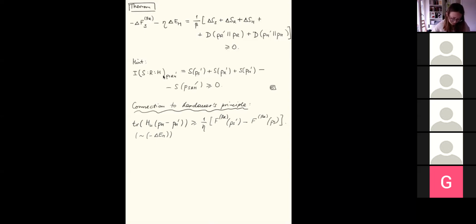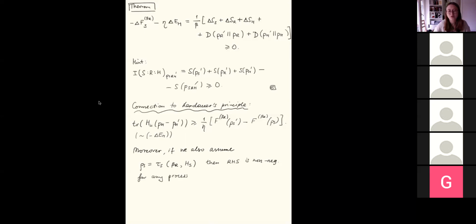Moreover, if we also assume that the initial state of the target system S is also thermal, so for example, we say that rho_S is a thermal state at temperature beta_R and Hamiltonian H_S, then the right-hand side of this inequality is non-negative for any process, because whatever process we apply to the thermal state, the change in the free energy has to be non-negative, just as one of the properties of the thermal state.